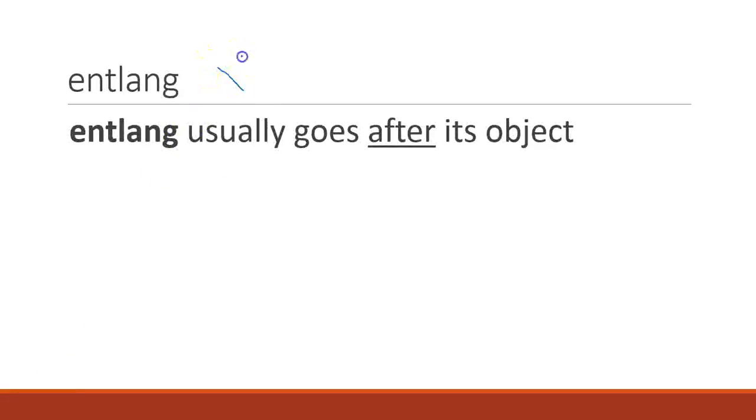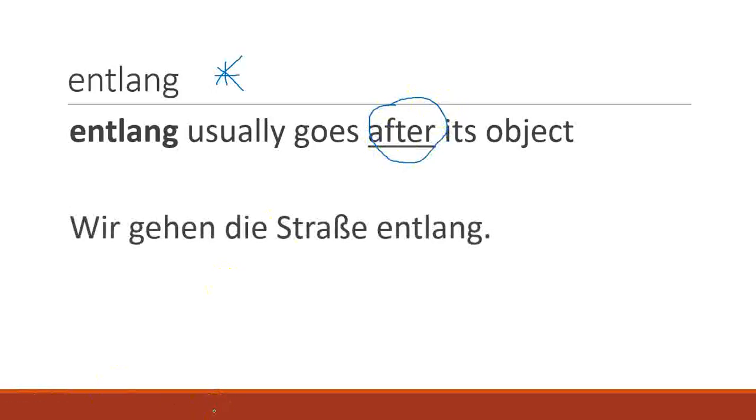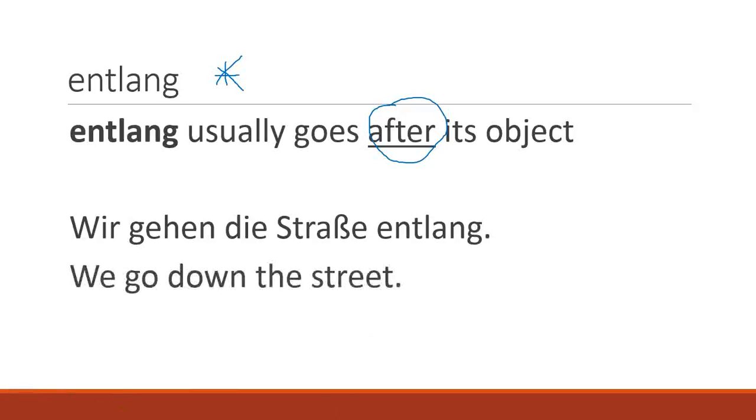This is another one that deserves a star. Entlang usually goes after its object, so that makes it a little bit wonky. Wir gehen die Straße entlang, not wir gehen entlang die Straße. So we go down the street. So the entlang is at the end, not where you would normally see it in front of the object of the preposition.